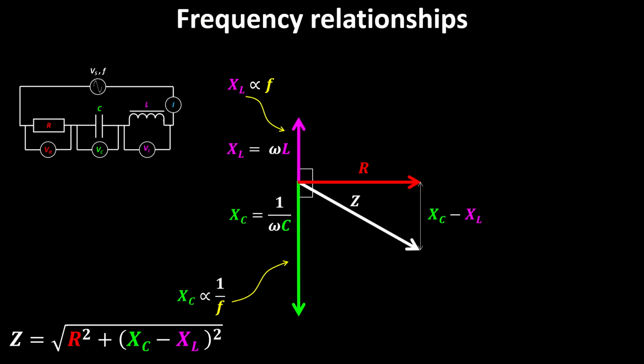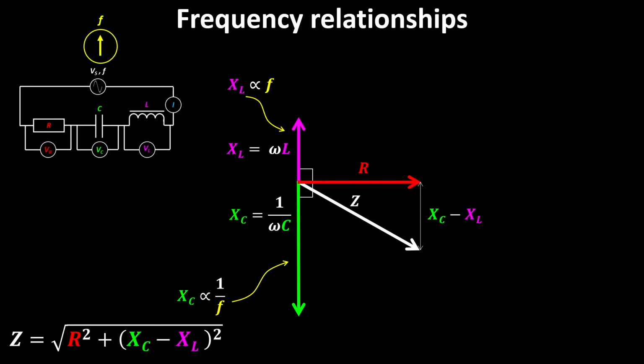The capacitor reactance, however, is proportional to 1 over the frequency, is inversely proportional. That's because if the frequency is higher, the capacitor doesn't have as long to charge up, so you don't end up with as much charge build up on the plate, so it doesn't oppose the current flow as greatly. So they have opposite proportionalities.